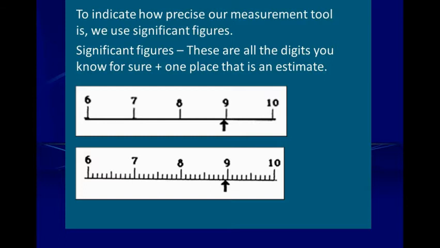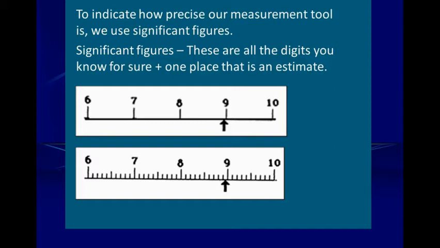Each measurement tool has what's called calibration marks, where as they are created, they are calibrated, or their measurement is precisely marked on the tool. You can see I have a picture of two different measurement tools that have different markings on them.